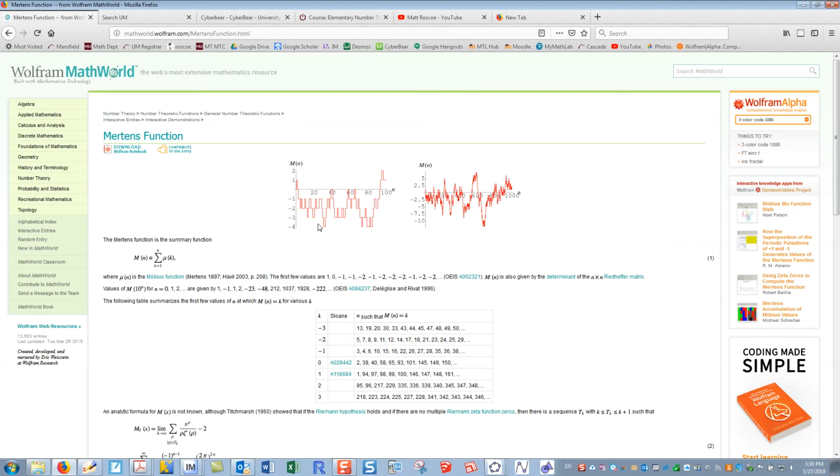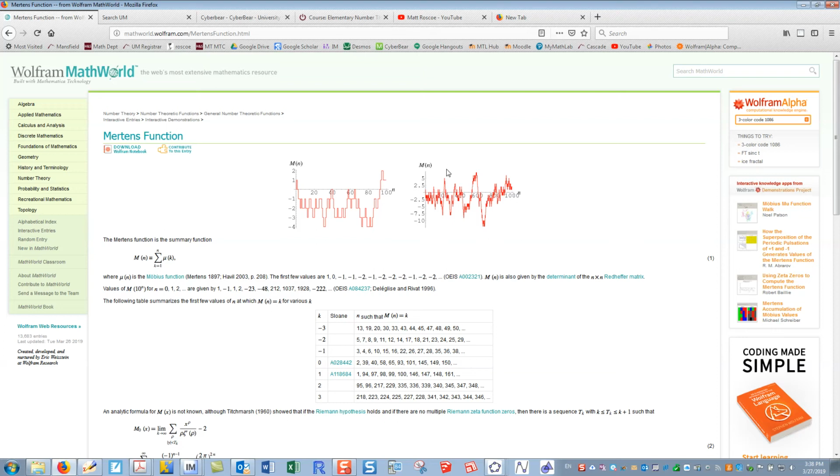Here's Merton's function out to 100 integers, and here we can see Merton's function value out to about 1,000. But you can see that you have large shifting above and below the x-axis, meaning that there are more even or odd square-free integers in that region. But eventually things seem to sort of climb back.